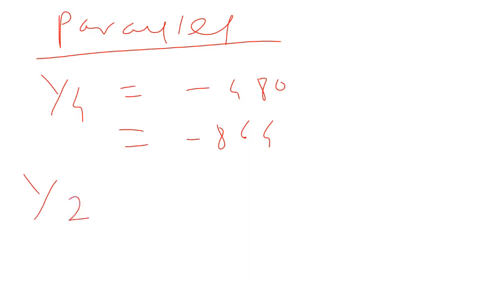Then for the parallel wind direction, for 1/4 length of the building, the values are minus 480, and the second value is minus 864, and for 1/2 length of the building, the values are minus 384, and another value is minus 768.